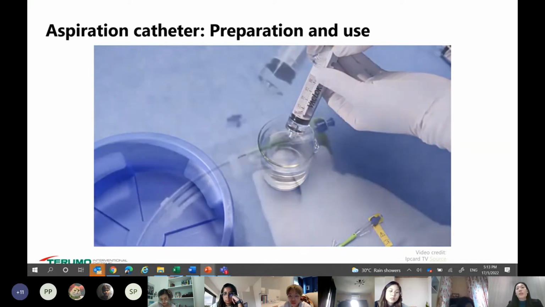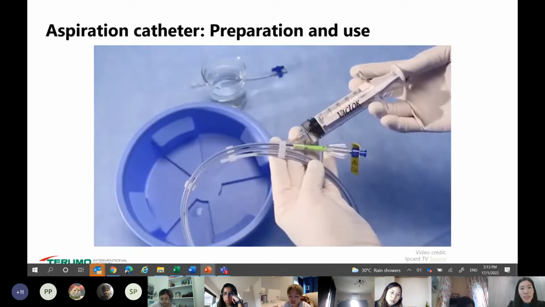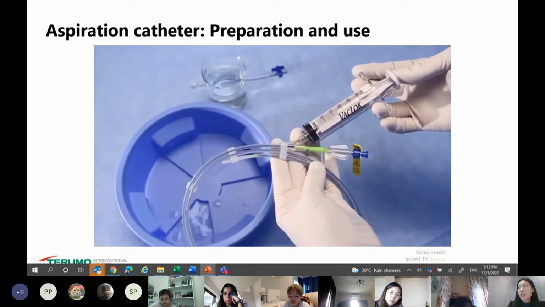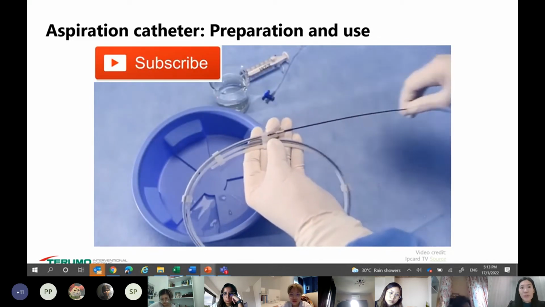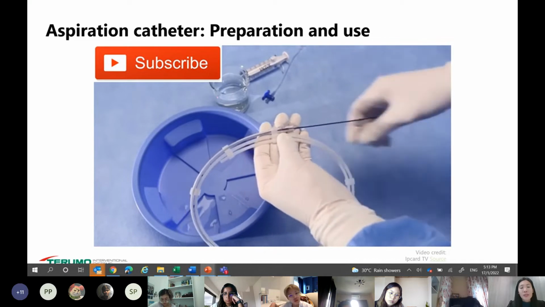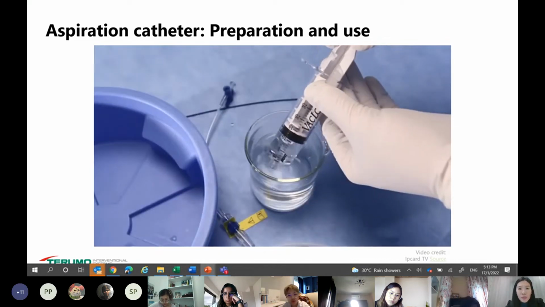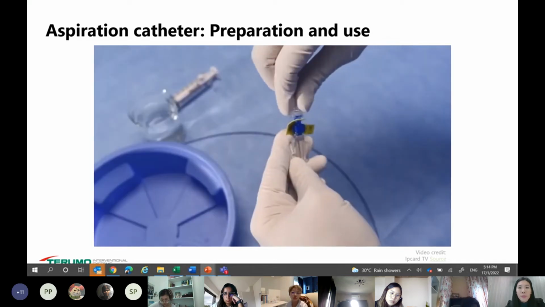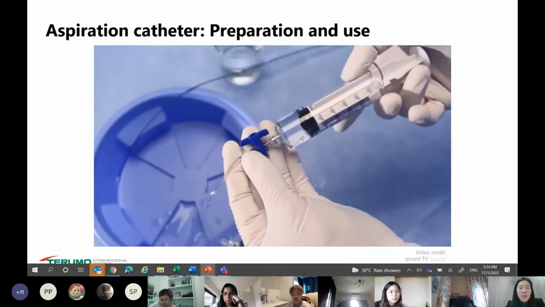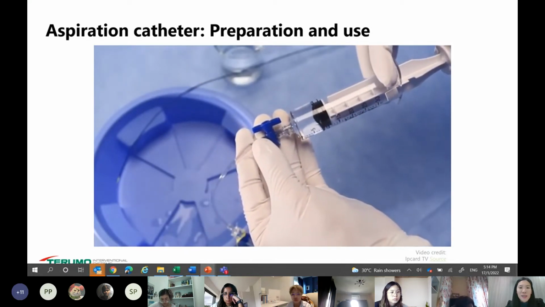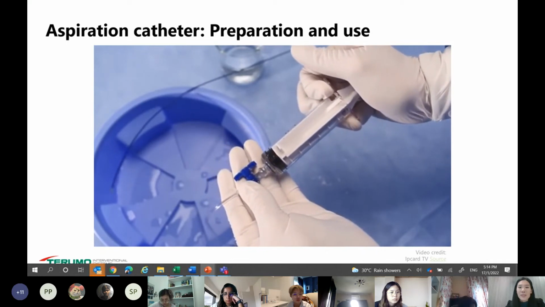So what they're doing now is the priming of the device. They are priming first the outer surface of the catheter. After they remove the catheter from the holder tube, they will now prime the stylet, the catheter, like the insides of the catheter.